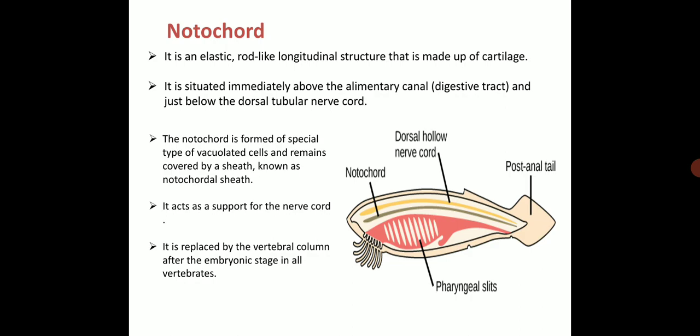The notochord acts as a support for the nerve cord, and later on it is replaced by the vertebral column after the embryonic stage in all the vertebrates. This is the first fundamental character of a chordate, the presence of notochord.